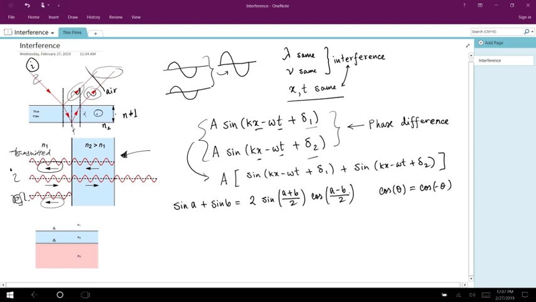So essentially, if I simplify the equation that I have over here, this is going to give me 2A times sin(kx − ωt + (δ1 + δ2)/2), right?